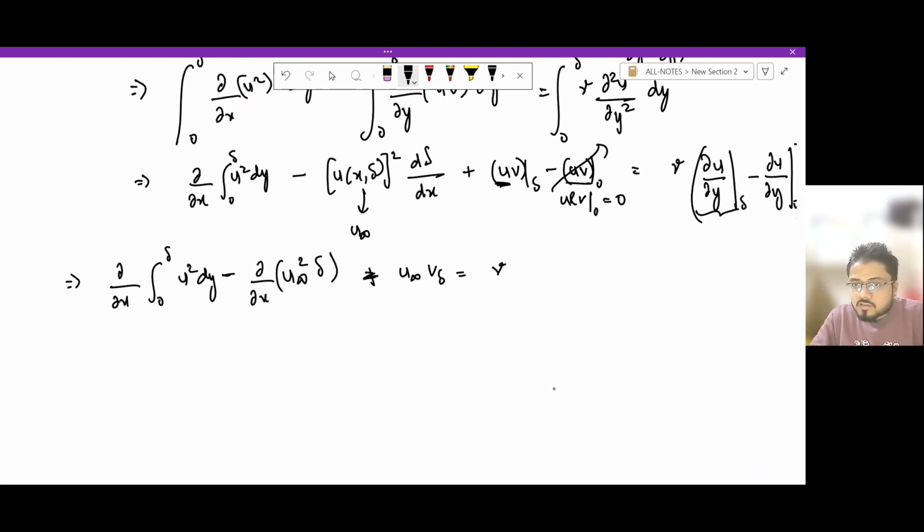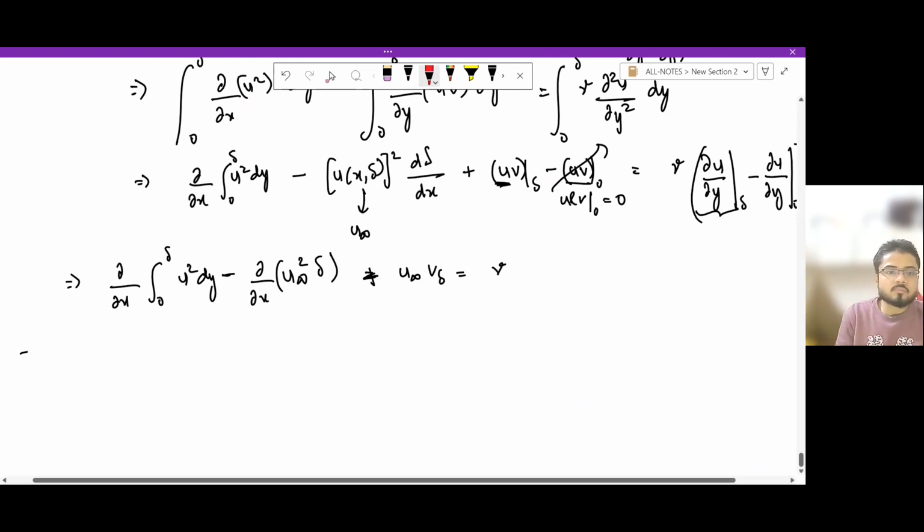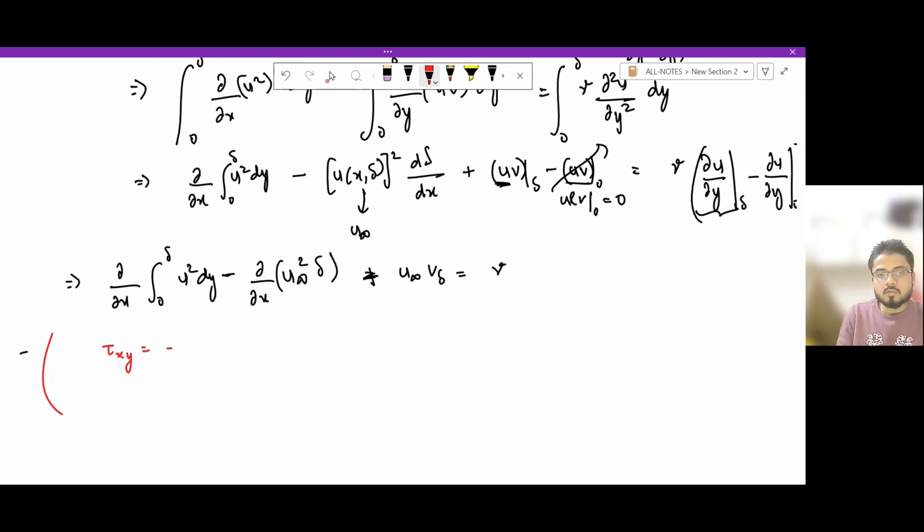Now, interestingly, I'll have to take up another analysis section. You know that tau xy would be equal to minus mu, that is the dynamic viscosity of the fluid, times del u over del x plus del v over del y.